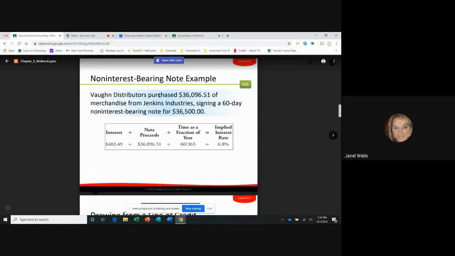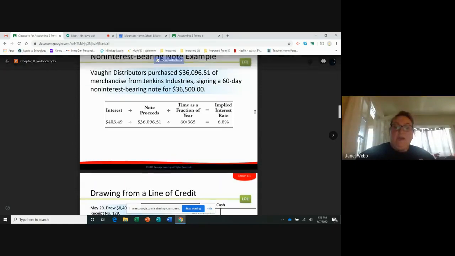So on this one, they purchased $36,096.51 of merchandise, signed a 60-day non-interest-bearing note for $36,500. So this is how they figured out what the implied interest is. They took the interest, subtracted these two to get the amount of interest they're not paying.